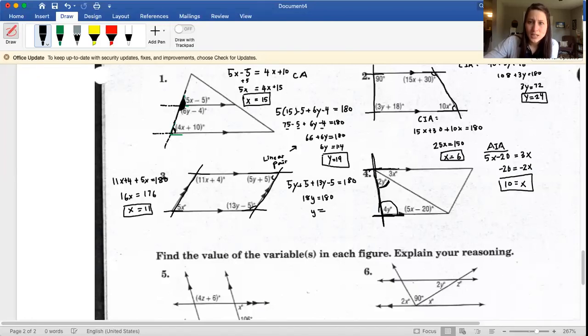But the relationship between these two angles, if I was looking at this as consecutive interior angles, would be this whole thing. These two are consecutive interior angles. So I've got to think through, well, this whole angle is found by doing 2y plus 3x, because 3x plus 2y composes this whole angle.